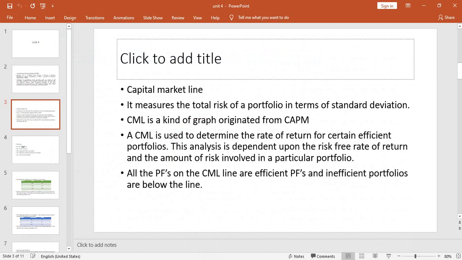So it depends upon how much risk-free return you're getting and the amount of risk involved in all the portfolios, or a particular portfolio. All the portfolios on the CML line are efficient portfolios, and below that line are the inefficient portfolios. I hope it is clear to all of you.